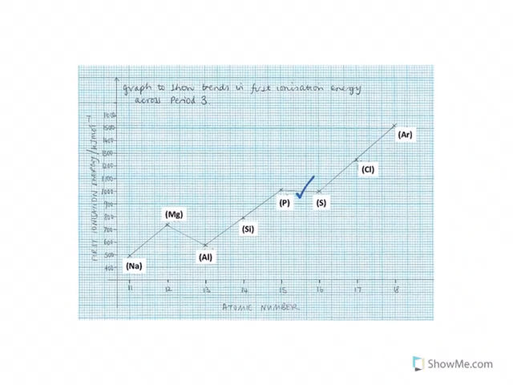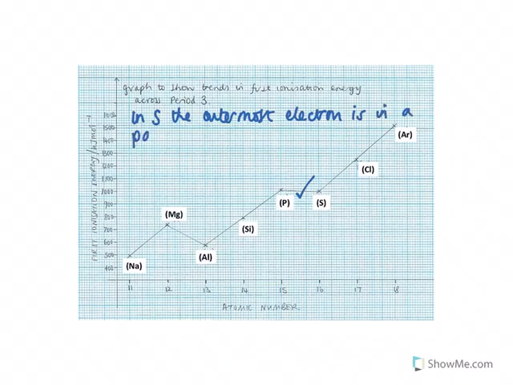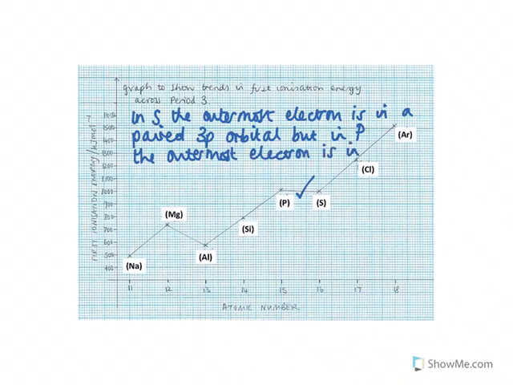So in sulfur, the outermost electron is in a paired 3p orbital, but in phosphorus the outermost electron is in an unpaired 3p orbital. Full stop. Well, so what?